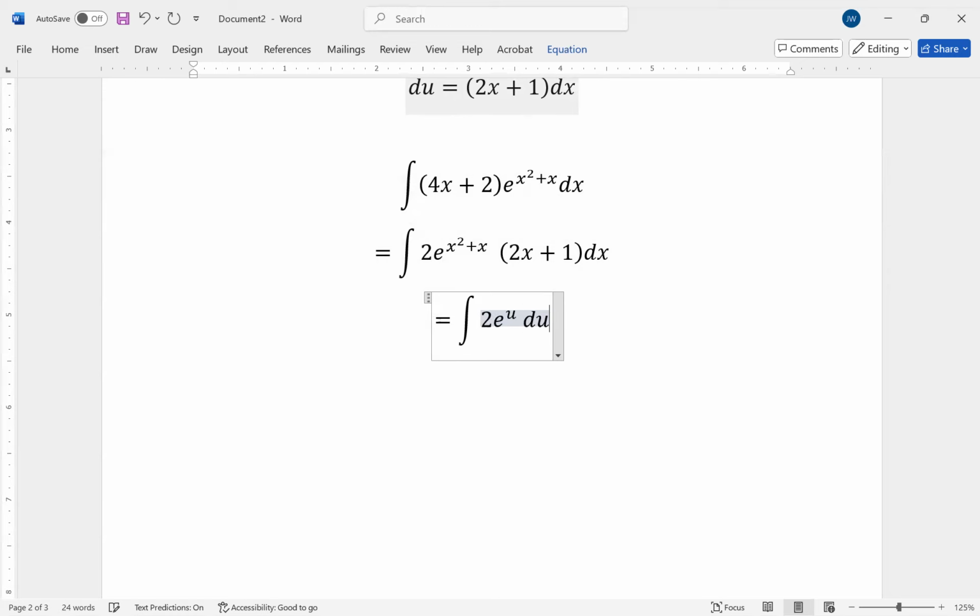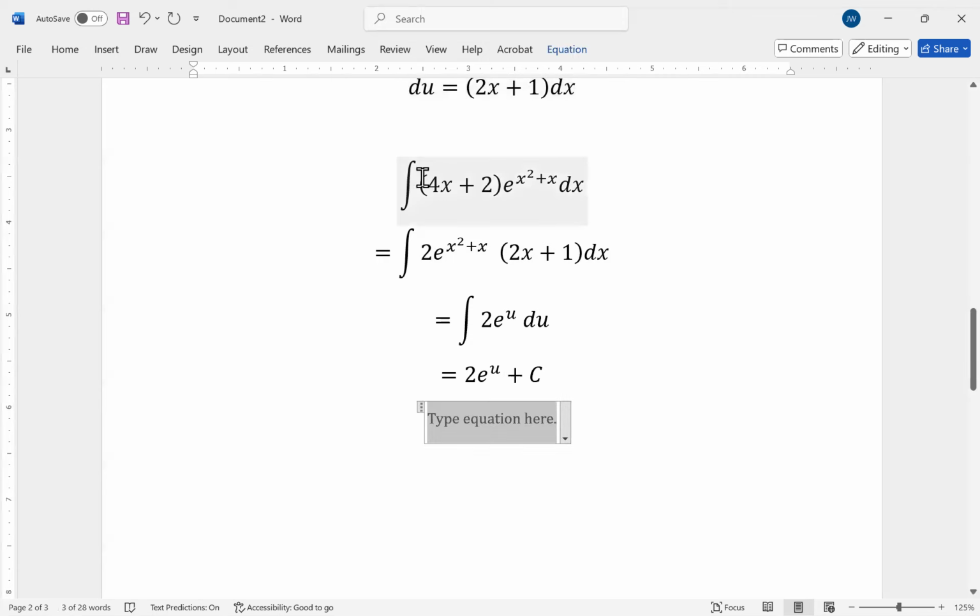So just like the last example, I'm integrating a constant times e to the u. Anytime you integrate e to the u, you get back e to the u, of course, plus c. So I integrate 2e to the u, and I get 2e to the u plus c. Again, my original integration started with variable x, so I'll write my final answer with respect to variable x as well.